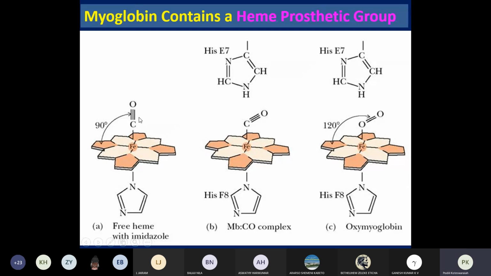As a result, carbon monoxide has a higher affinity towards the heme in the absence of the globin part. That means isolated heme has the higher affinity, but when the heme is present in the globin part, it has a lower affinity because of the hindrance by the histidine residues present near the site.